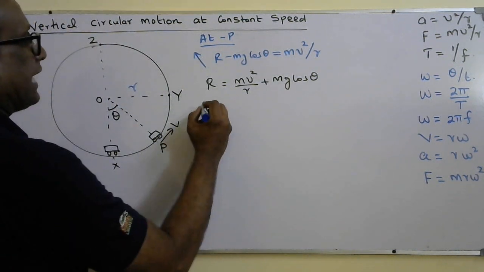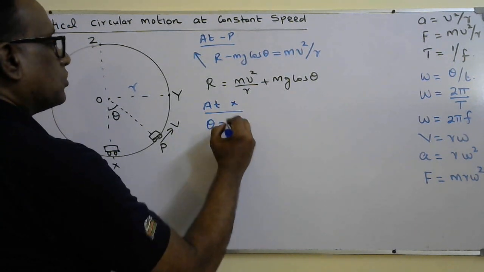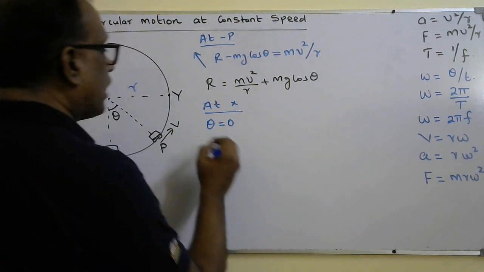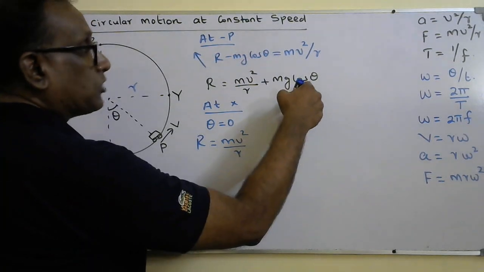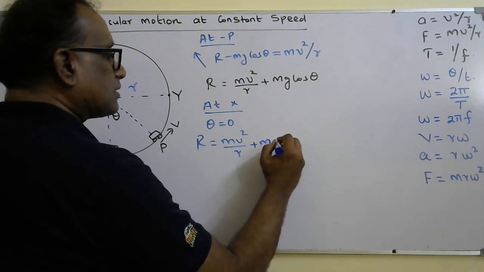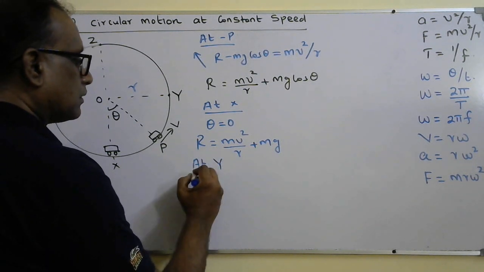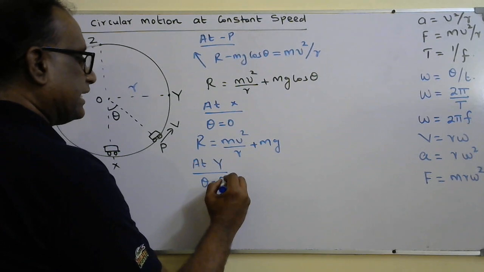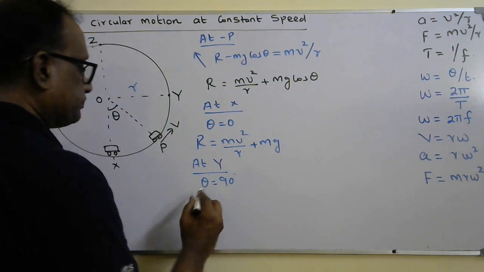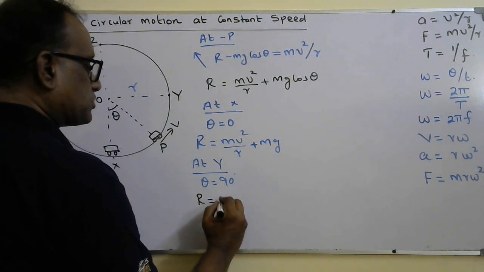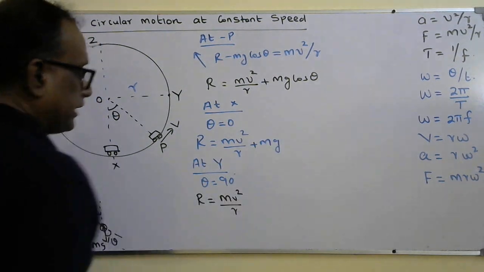Okay, this is the general equation. So at X, theta equals 0, so cos 0 equals 1. So R will be mv squared over r plus mg. Then at Y, theta equals 90 degrees, cos 90 is 0, so R will be equal to mv squared over r plus 0, so I don't need to write it.